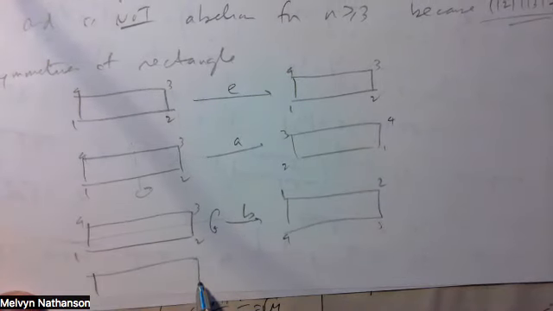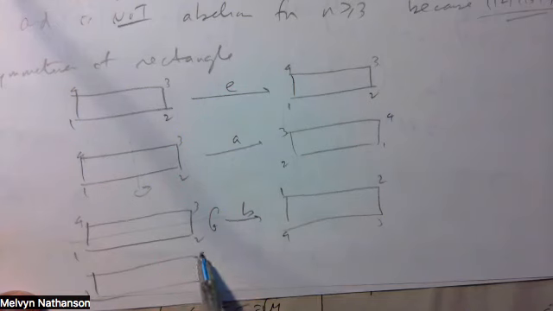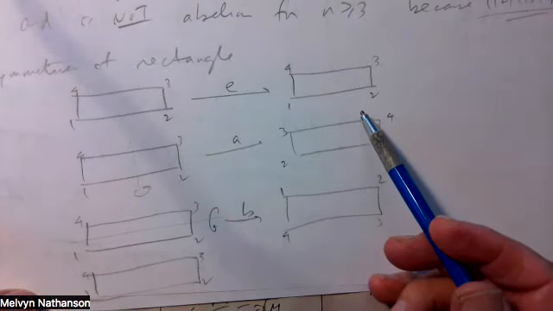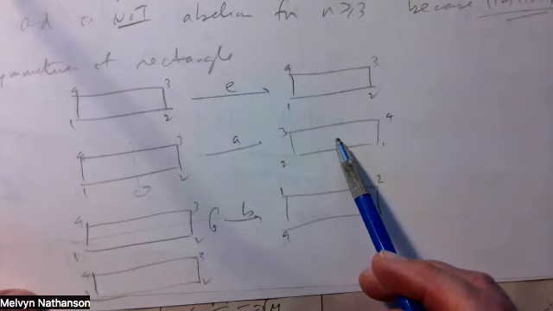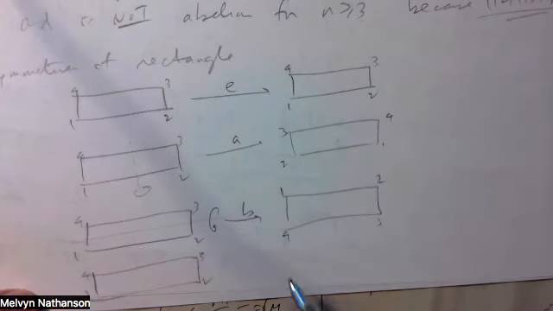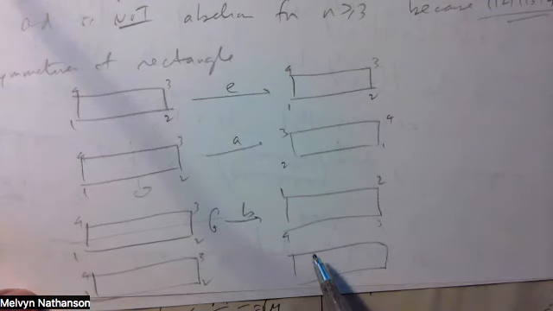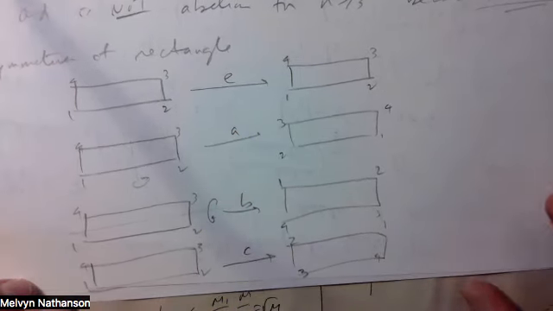And there's one more symmetry of this rectangle. I could flip it vertically and then flip it horizontally, and I get 2, 1, 3, 4. And let me call that operation C. That is, I can pick up this rectangle, flip it horizontally and vertically, or vertically and horizontally, it would be the same thing, and end up with this.